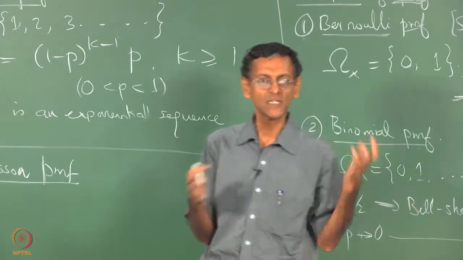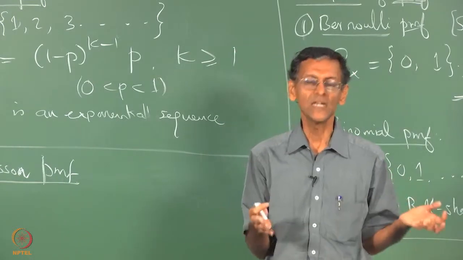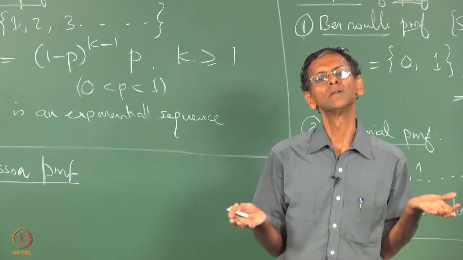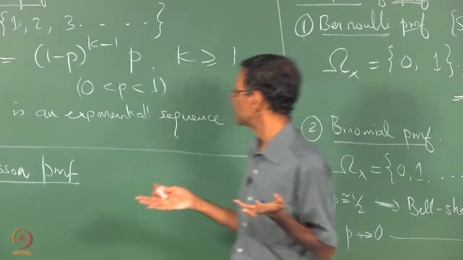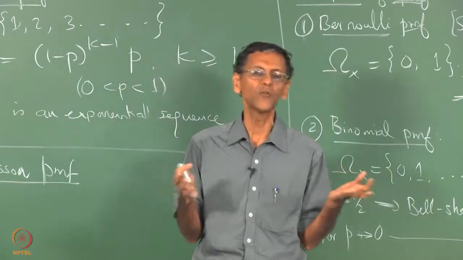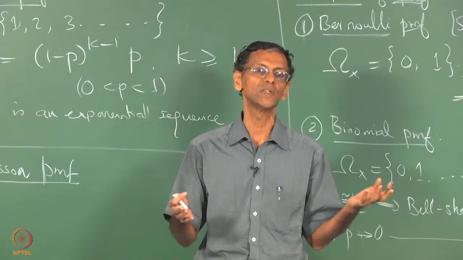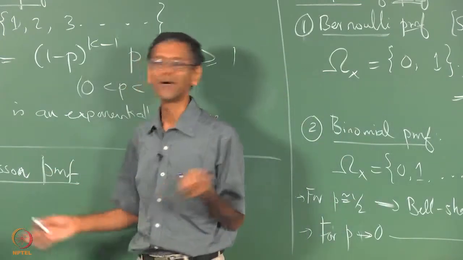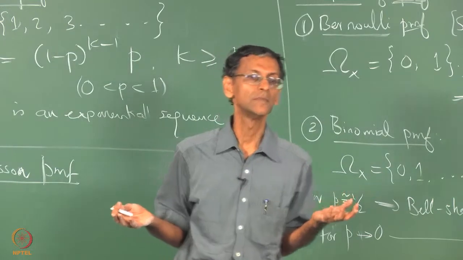They found a statistical regularity. Each interval had a random number of emissions, but overall you could meaningfully talk of the probability that there would be 0 emissions, or 1 emission, or 2 emissions like that. So that was the birth of the Poisson PMF.